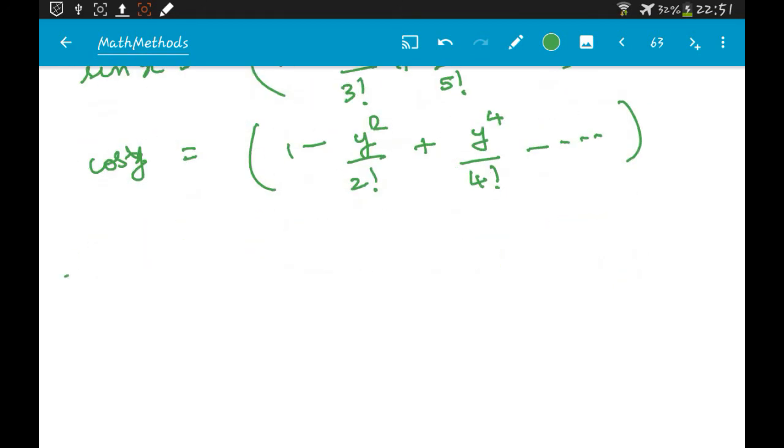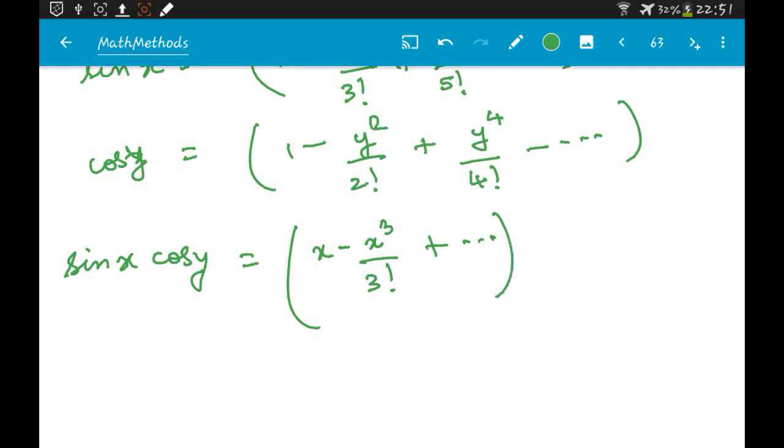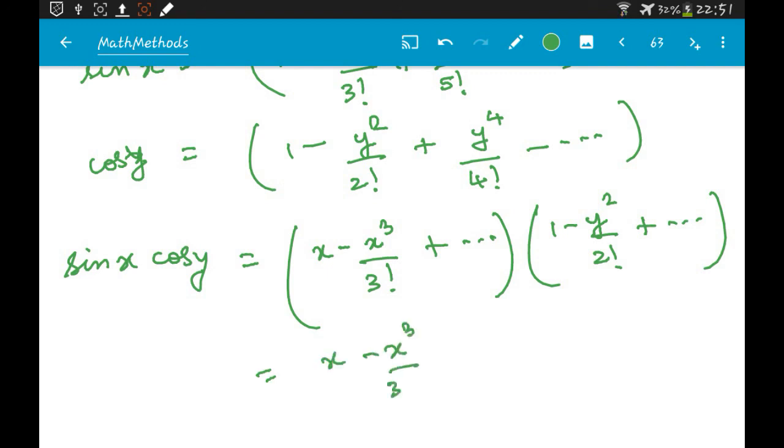Okay, so sin x cos y is nothing but the product of this. So you will have x minus x cube by 3 factorial plus so on, times 1 minus y square by 2 factorial and so on. So this is the series expansion. So you can expand it to a few terms. So you will get x cube by 3 factorial minus xy square by 2 factorial and so on.